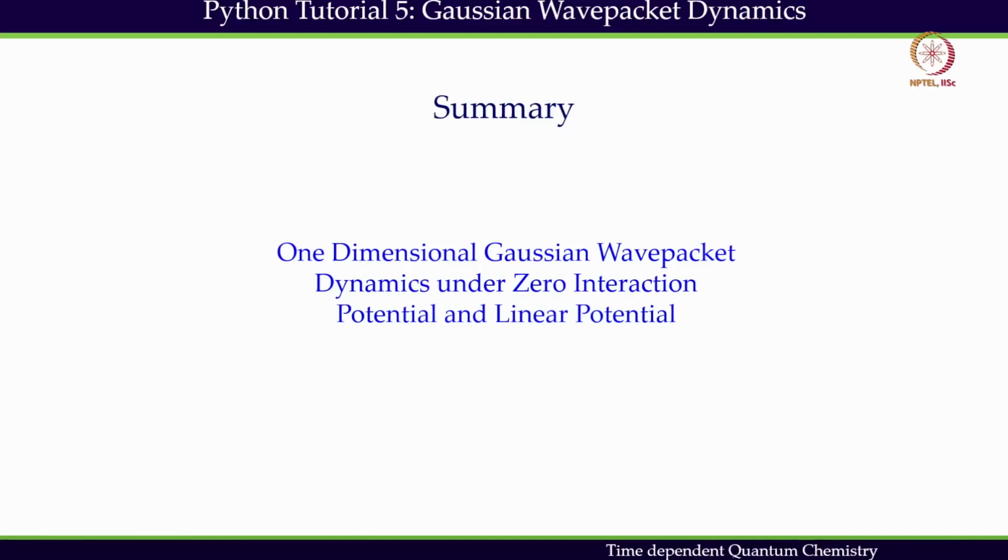We have implemented this split operator approach in Python programming for zero interaction potential and linear potential, and we have seen how to plot the mean position and the width of the wave packet as a function of time.